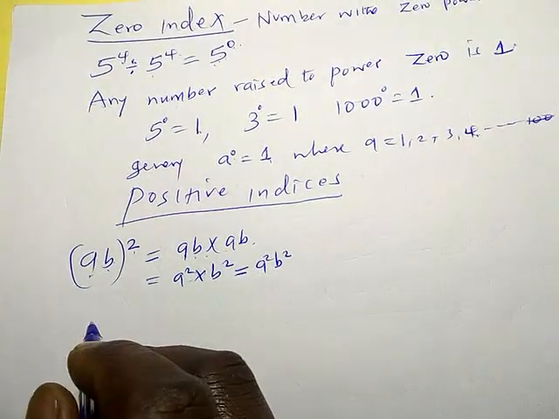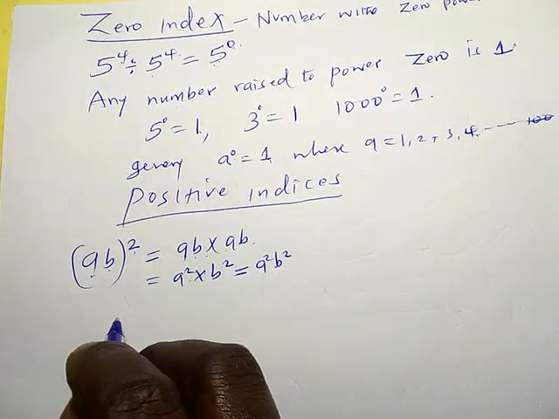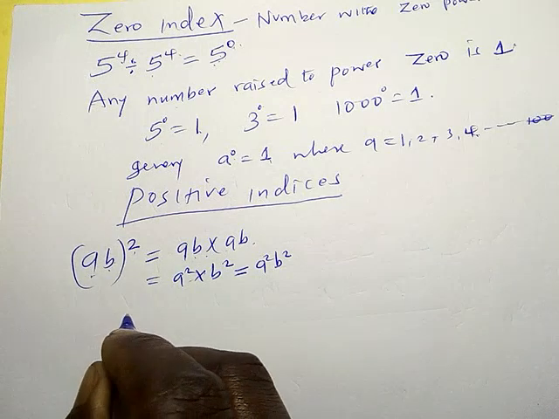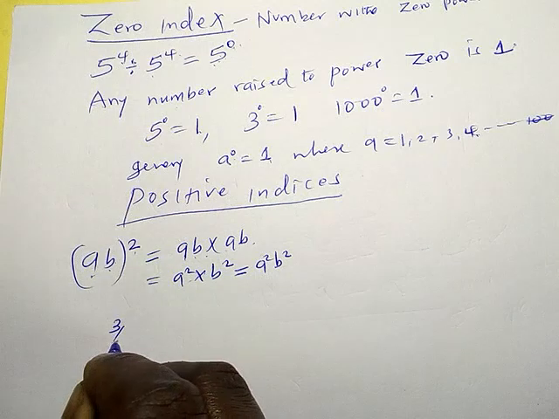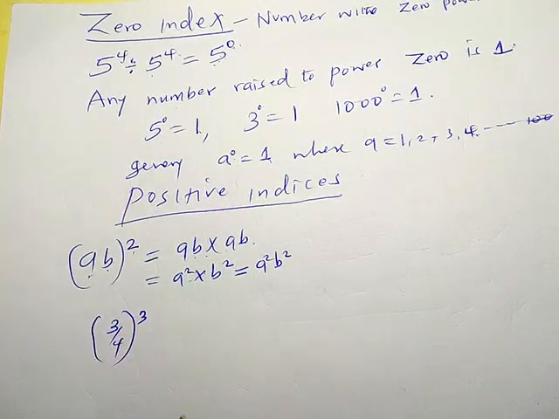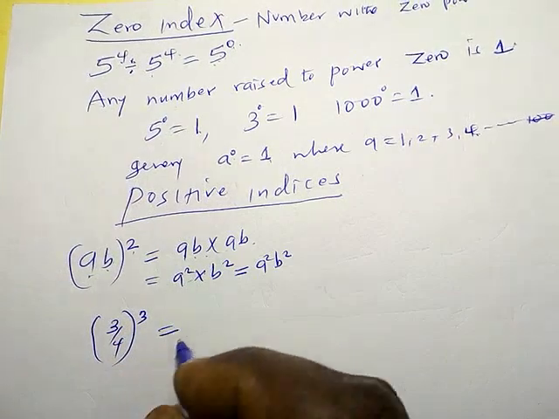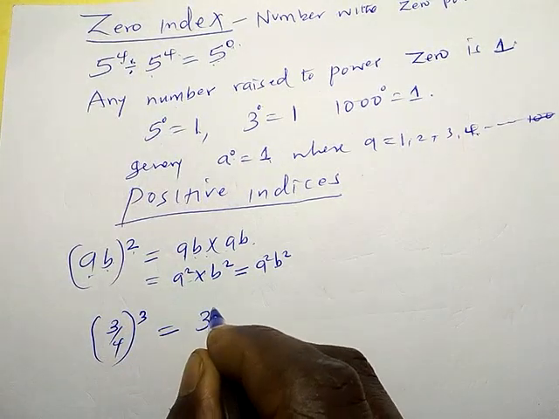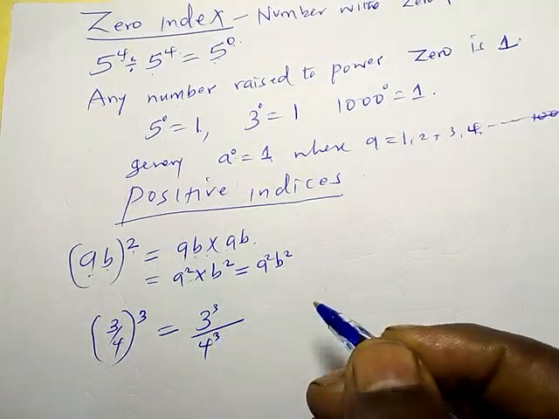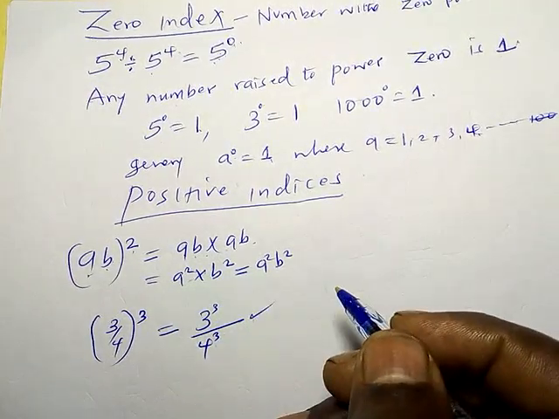So if we have a fraction, for example 3 over 4 raised to power 3, what does that mean? It means 3 raised to power 3 divided by 4 raised to power 3.